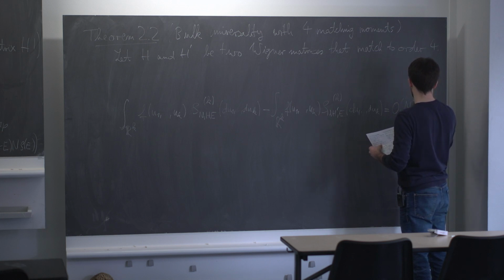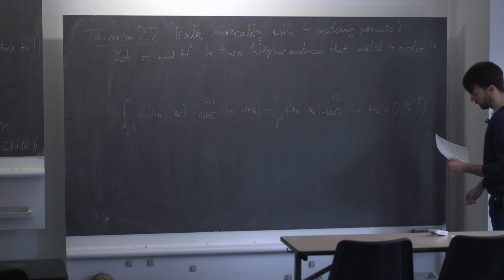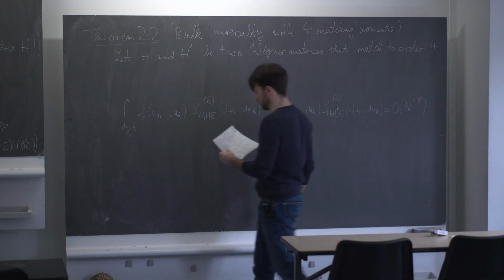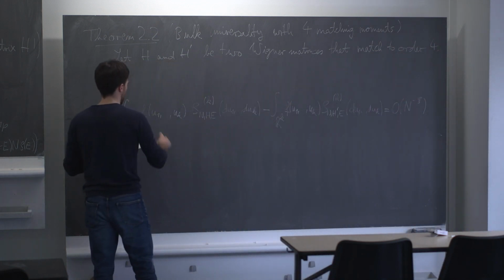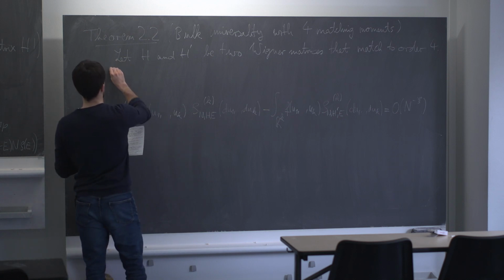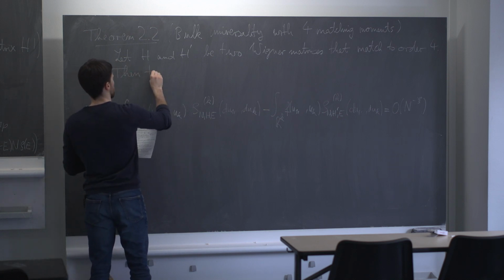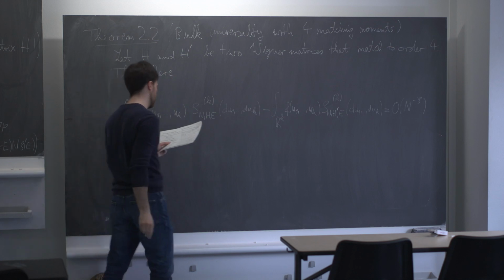What we will actually prove is that this is of order capital N to the minus xi, where xi is one parameter, and f has to be sufficiently nice. So let me include the assumptions, or complete the statement.